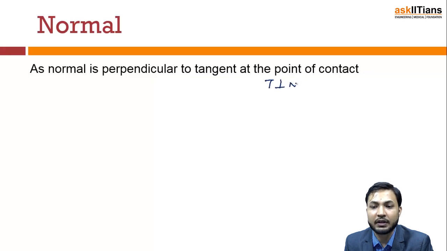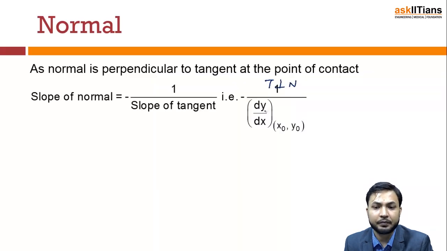I have it in this form, right? Then the slope of the normal is the negative inverse of the slope of the tangent. We are aware of this point. Let's say if the slope of the tangent is m, then the slope of the normal would be minus 1 by m, right?